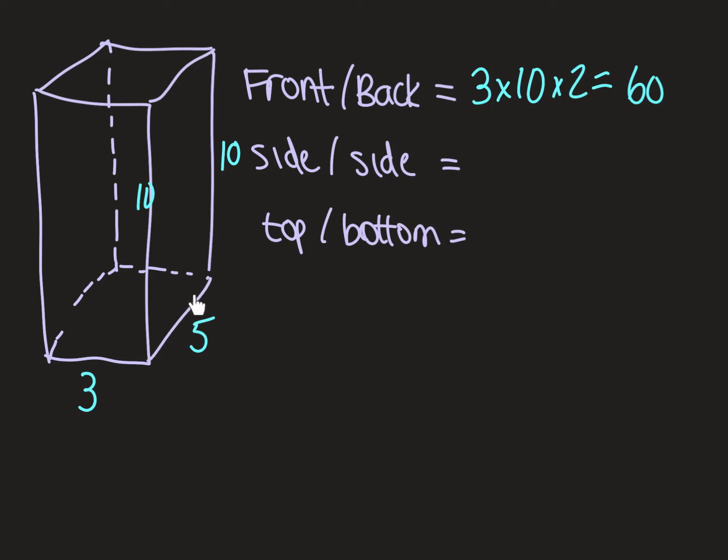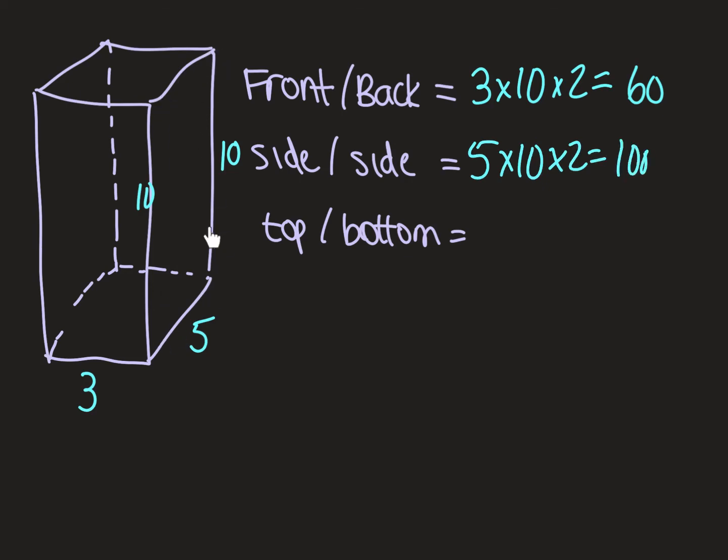Type in your final answer for the area of both sides. Length times width times 2, since we have 2 of them. Did you type in 100? 5 times 10 is 50, times 2 is 100.